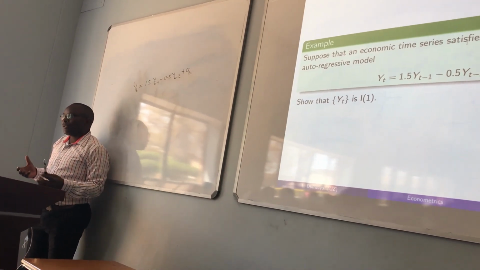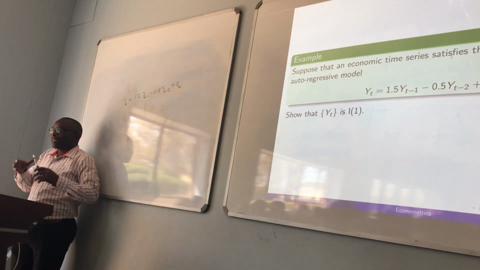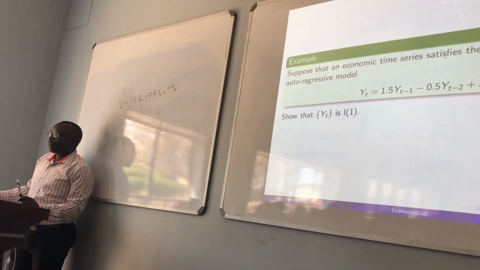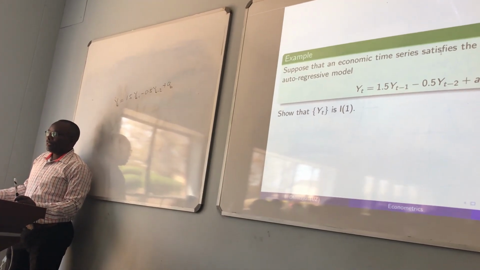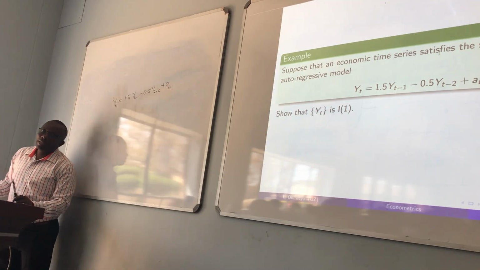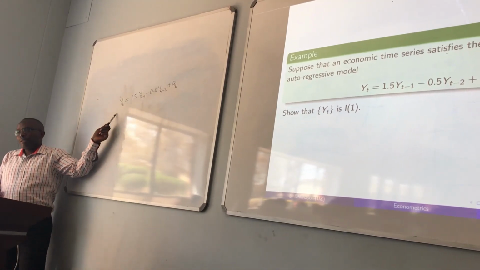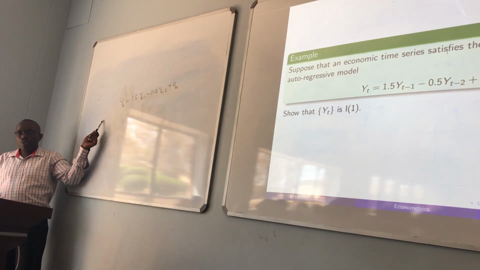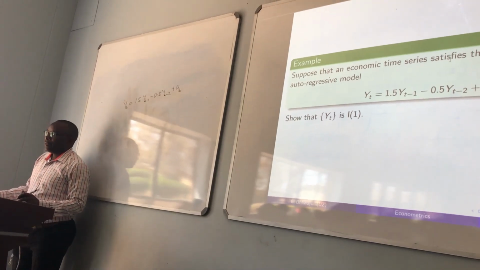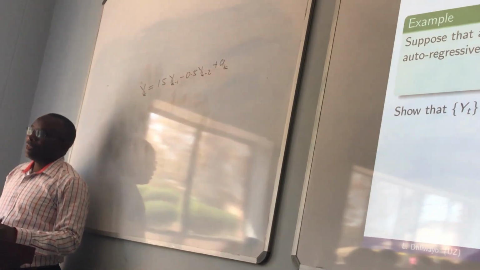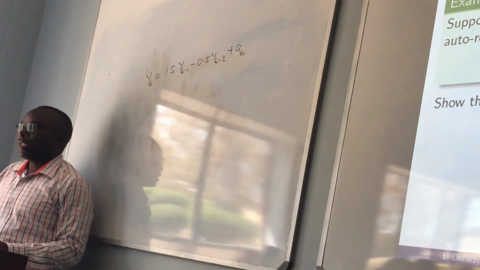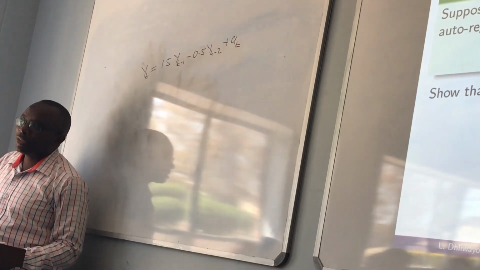After obtaining that series, we try and see whether that series is stationary. Another method is just to find the characteristic polynomial of this. If one of the roots is 1, it entails that it's an I(1). So which method, first or second?